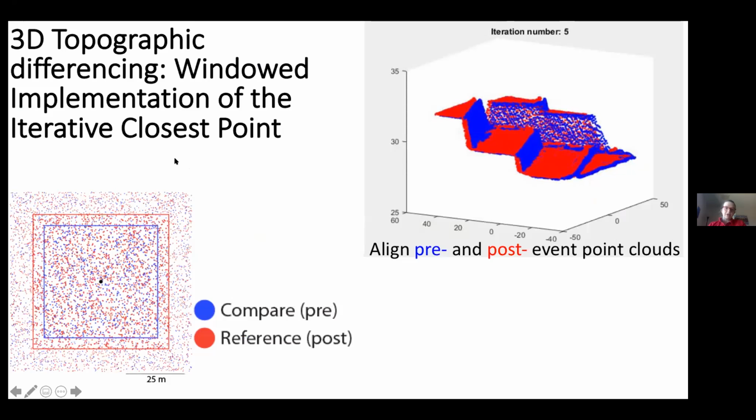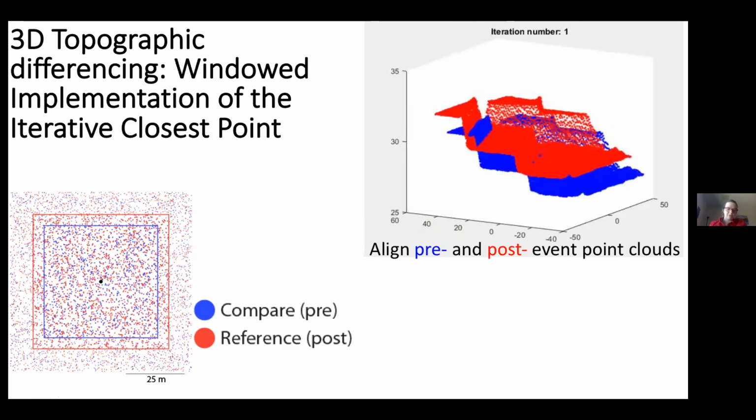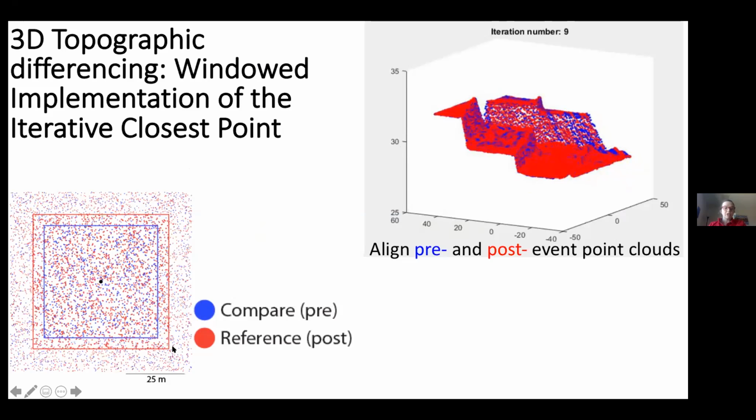So we start with a subset of both lidar data sets. Here you can see the compare is shown in blue and the reference is shown in red. And the size of the window is typically about 50 meters or so. And the reference window is always a little bit bigger so that the deformed compare window fits within the reference window.